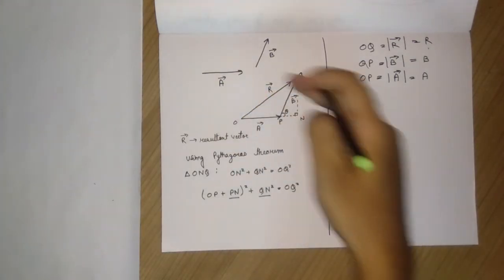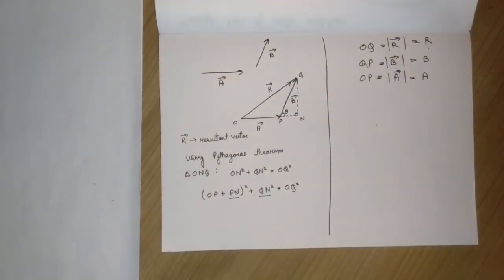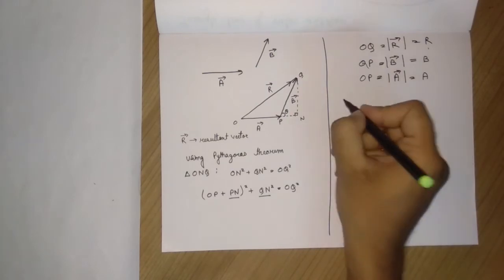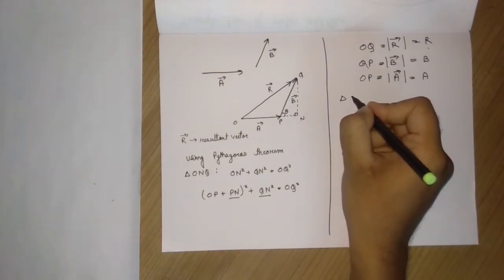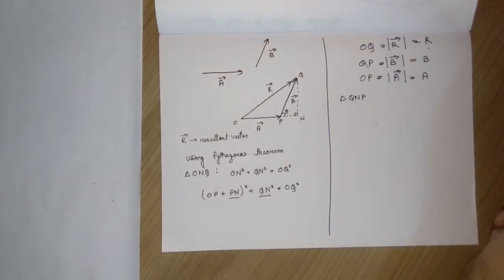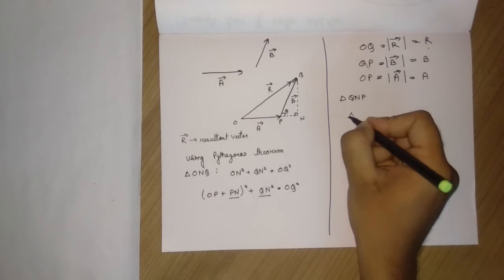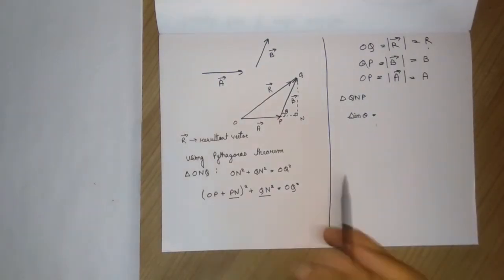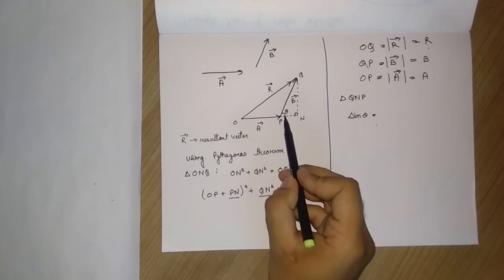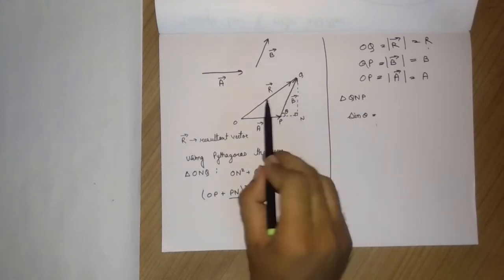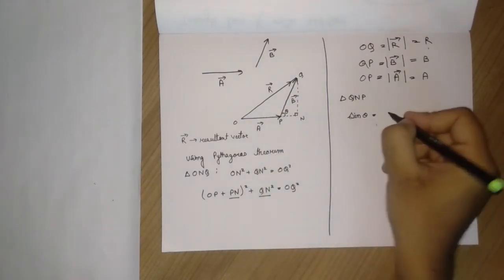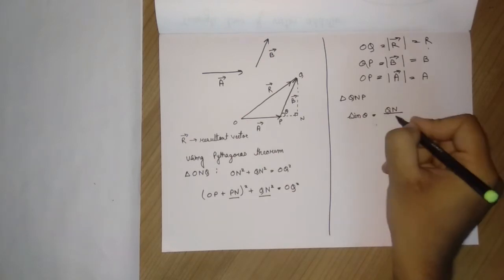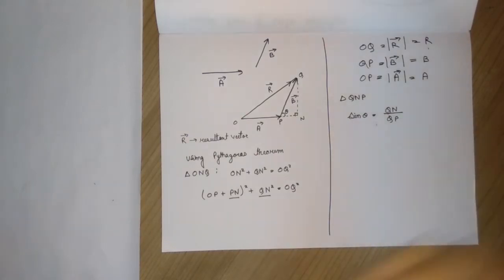So, in this right angle triangle QNP, if you apply trigonometry, then we find that sine theta, meaning perpendicular by hypotenuse, will be equal to QN by QP.